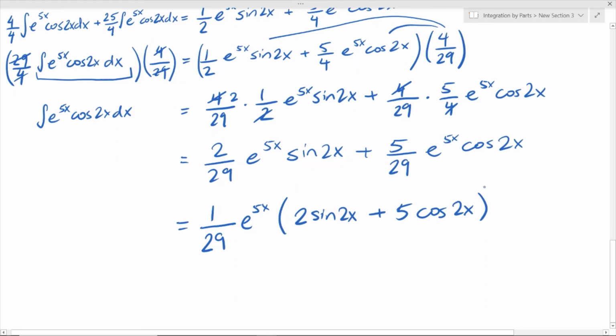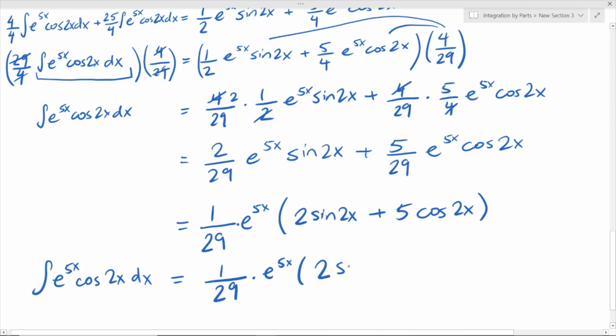And so our final answer, right, we also need that arbitrary constant c, so we're going to write that in our final line. It's going to be basically 1 over 29 times e to the exponent of 5x times the bracket 2 sine 2x plus 5 times cos 2x, close bracket, plus our arbitrary constant c.